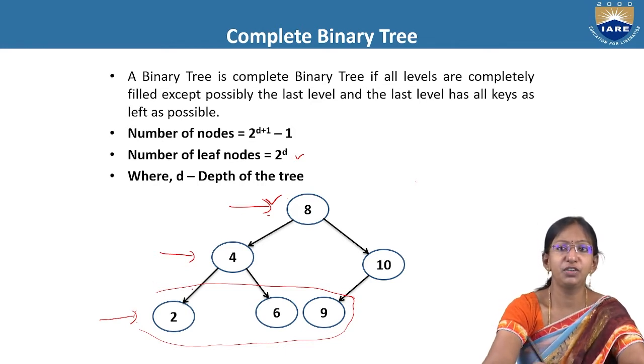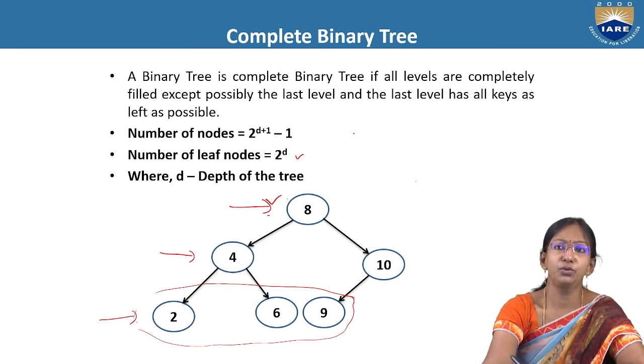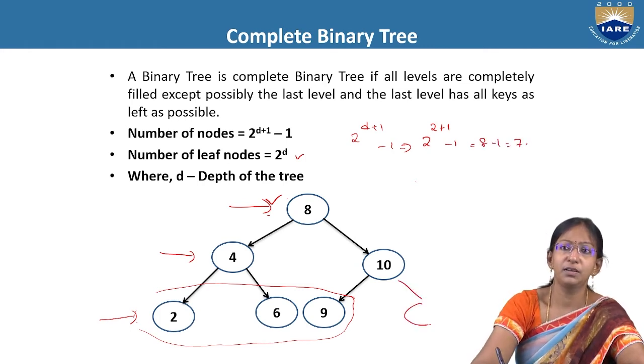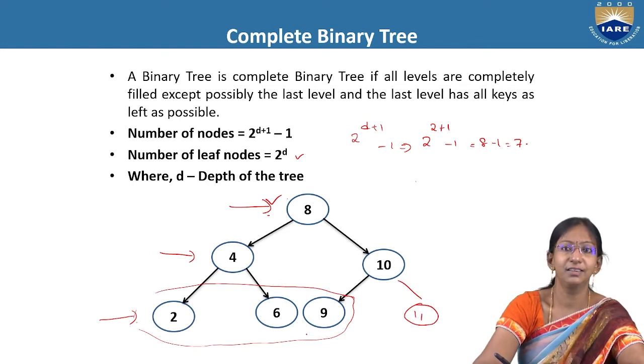Here the depth of the tree is 2, right? So the number of nodes you can have is 2 to the power of d plus 1, minus 1, which is 2 to the power of 2 plus 1, minus 1, which is 2 cube minus 1, 7. You can have 7 if you completely fill it. How many nodes do you have? 7, right?